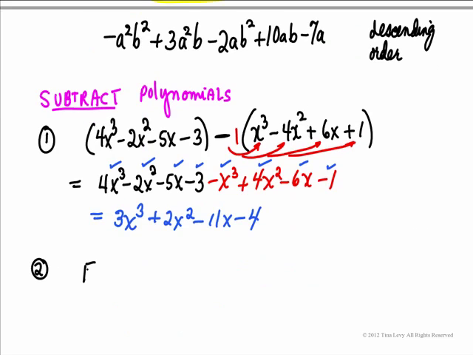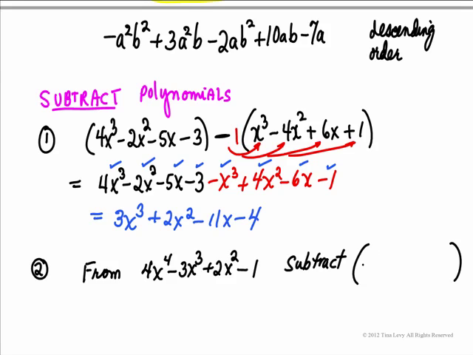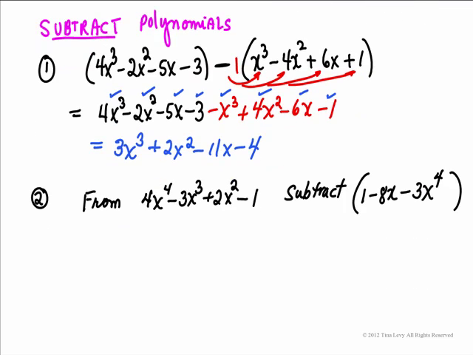And a last subtraction problem is one where I say from the polynomial 4x to the fourth minus 3x cubed plus 2x squared minus 1, subtract the polynomial 1 minus 8x minus 3x to the fourth.